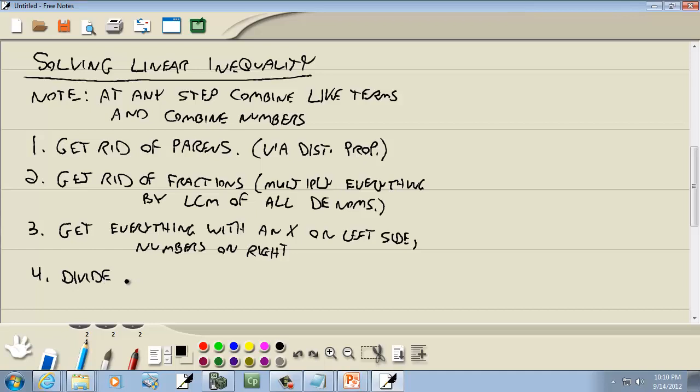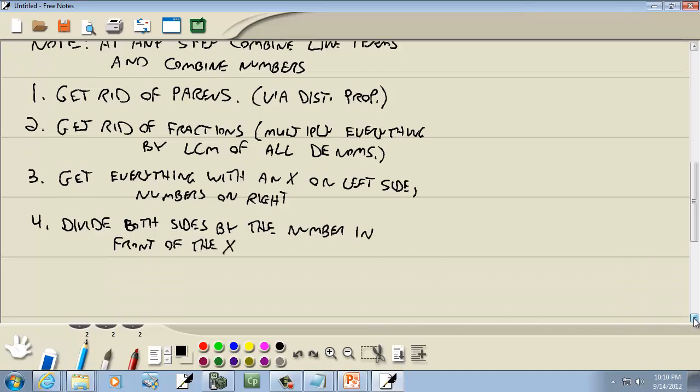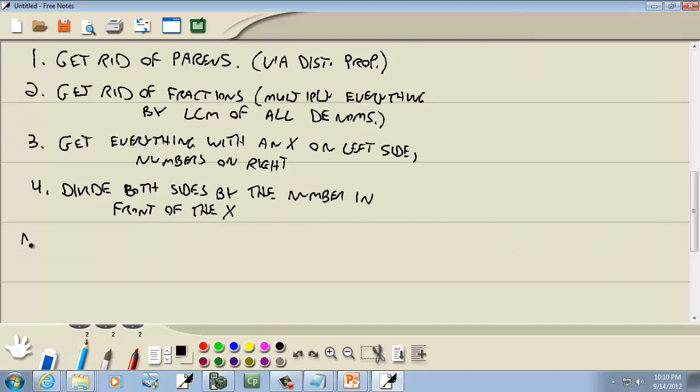Step 4, divide both sides by the number in front of the X. And we have a note at the bottom.